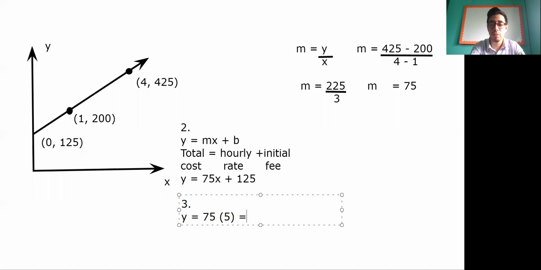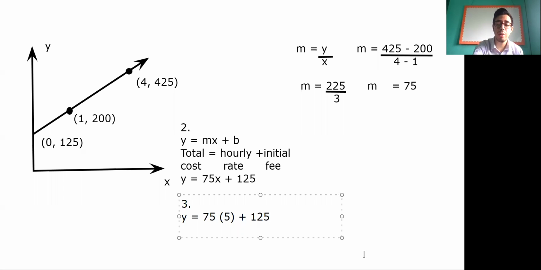So I replace it by 5 hours, plus I can add in here 125, right? I multiply and I add the initial fee. So I only need to solve this. In this case, y is equal to 75 multiplied by 5.